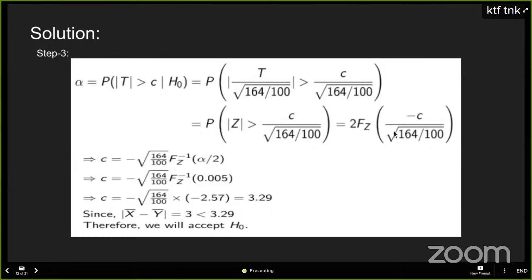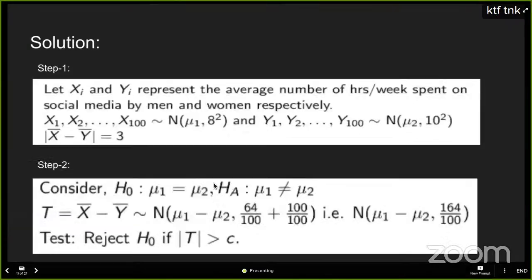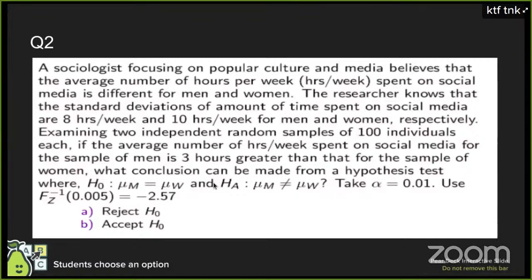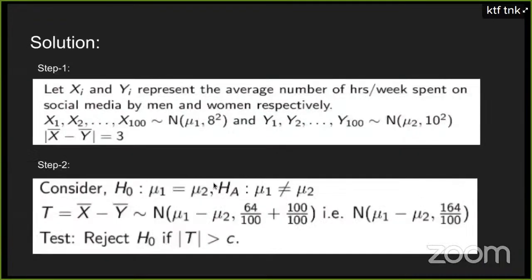So we have to find the value of c. Alpha is the significance level, 0.01.